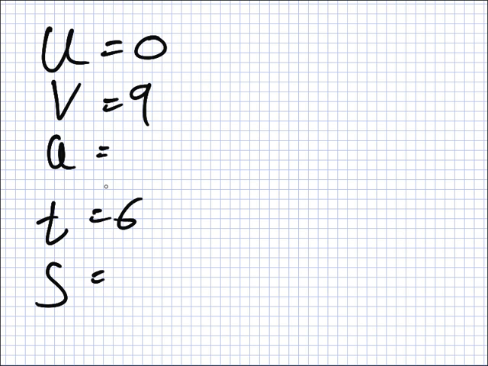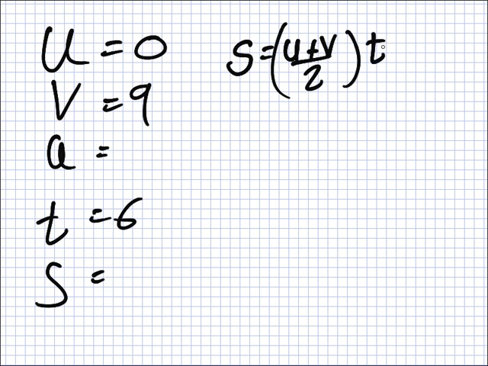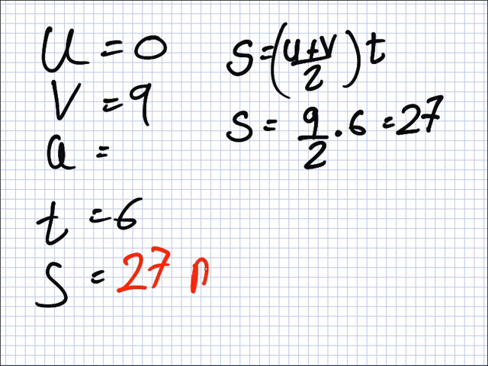First one. You can say S equals U plus V over 2 multiply T. So S equals 0 plus 9 over 2 times 6, which is 27. So the answer for S is 27 meters.